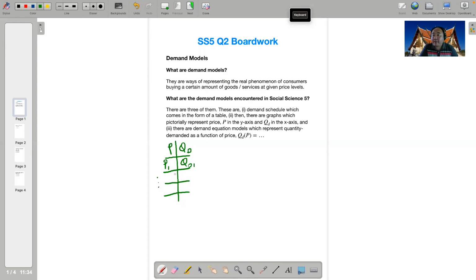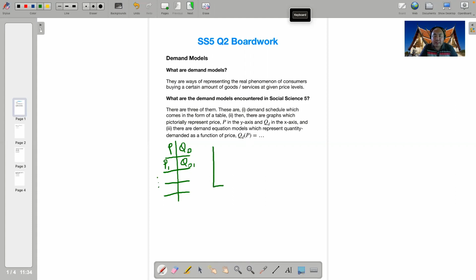The other are graphs, which pictorially represent price P in the y-axis and quantity demanded in the x-axis. This also you have seen from other related videos.